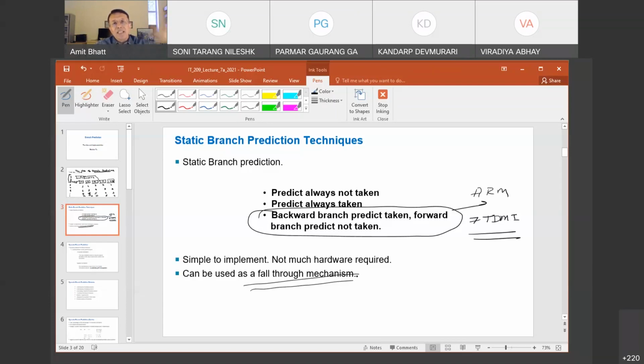So that means the answer might be oscillating. It is not always go back to instruction number 1 and then execute 2, 3, 4, 5 and then again take a loop. So this might be dependent on the input. So if the input is even, go to a particular instruction, or if the answer is odd, go to some other memory location. So in that particular case, static branch predictor will not be very useful.